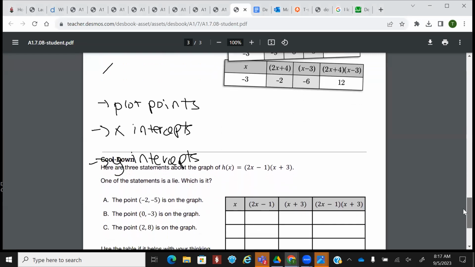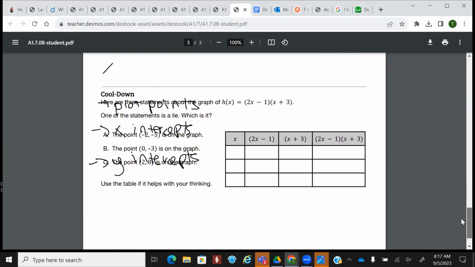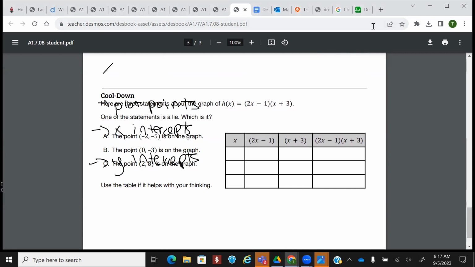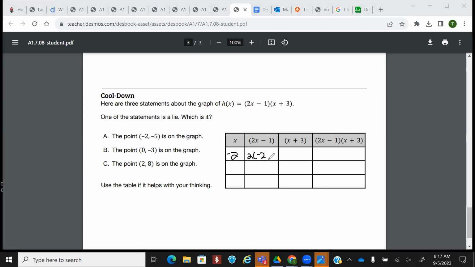And here are 3 statements. One of the statements is a lie. Which one is it? Okay, so the point negative 2, negative 5 is on the graph. So if I plug in negative 2 into this equation, do I get negative 5? So let's look. 2 times negative 2 minus 1, negative 2 plus 3.